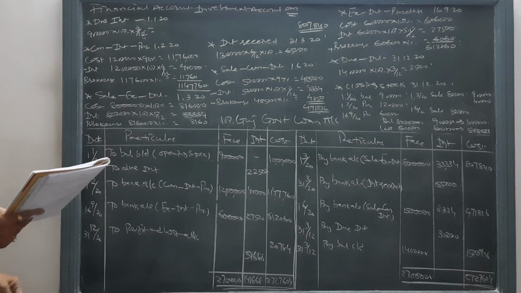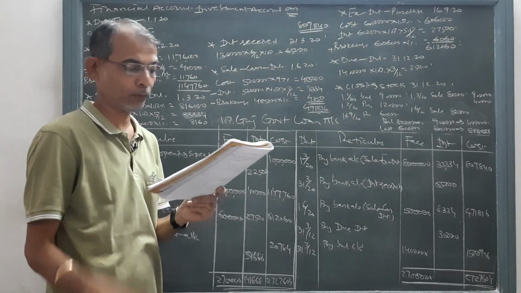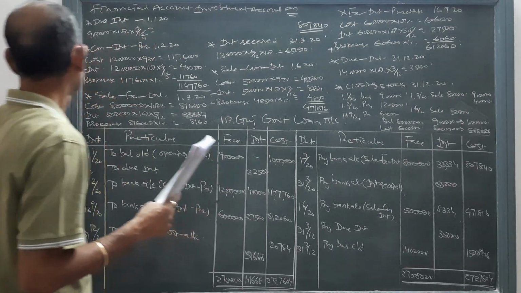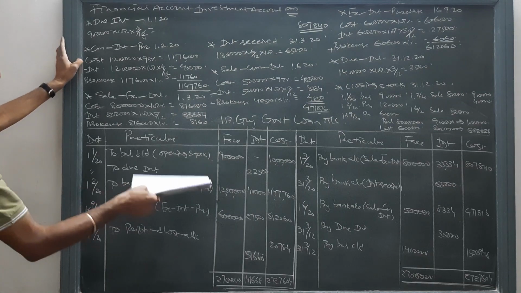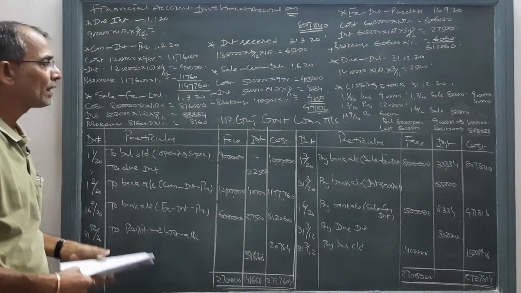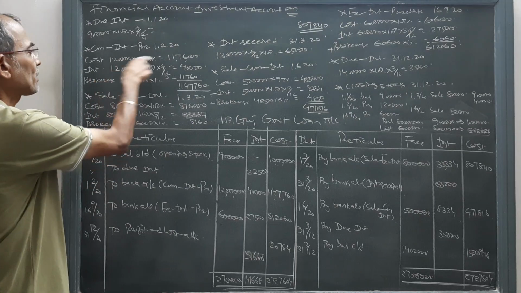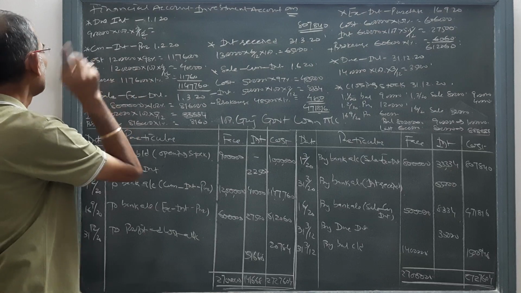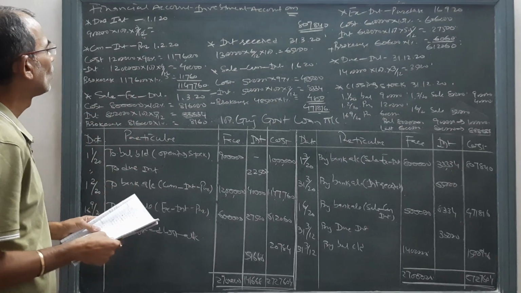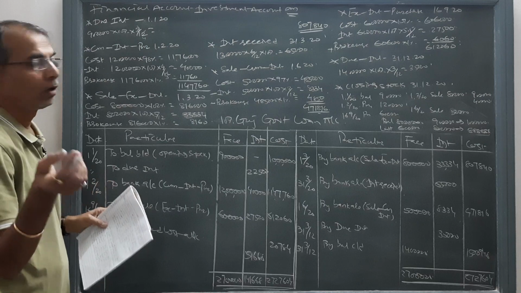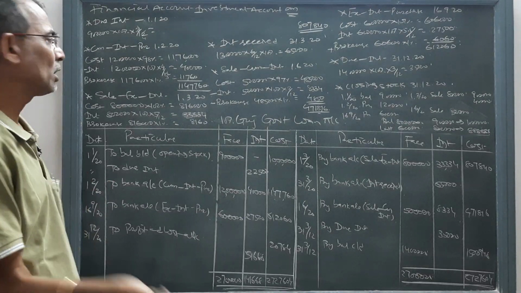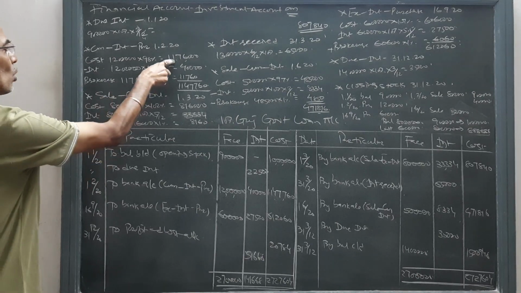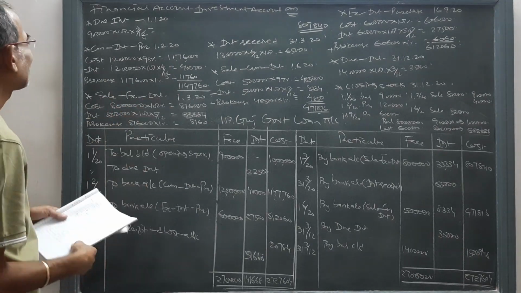And then after, there was a purchase of securities of 12 lakh on 1st February at 98% cum interest. 12 lakh was written in the column of face value, cost price 98% of 12 lakh, interest 10% of 12 lakh for 4 months. How? October, November, December, January, that is 40,000, and brokerage 1% of cost price 11,760.